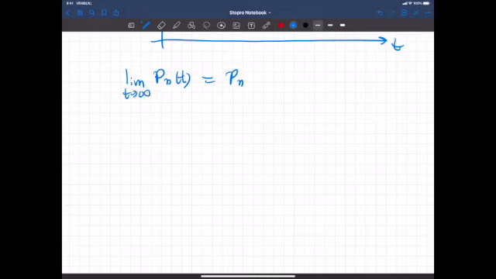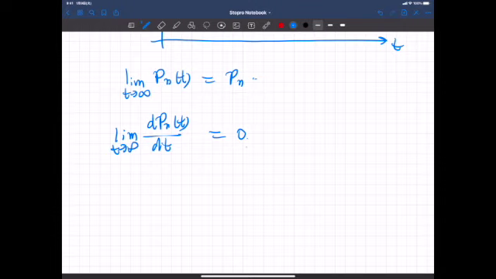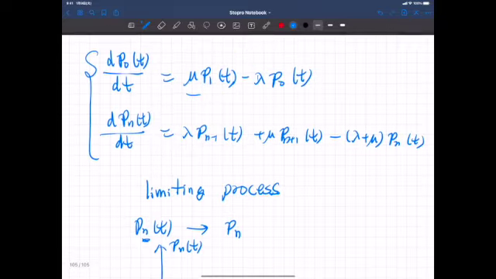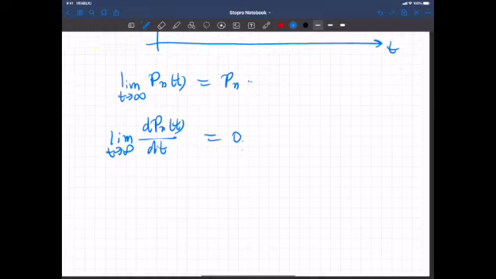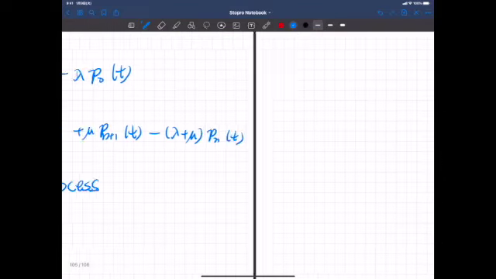If that's the case, then this derivative should converge to zero when t goes to infinity, because this function is constant, and the derivative of a constant is zero. So then we can replace the left-hand sides of these differential difference equations with zero. So what we have is the difference equation, such as, maybe I should copy this.